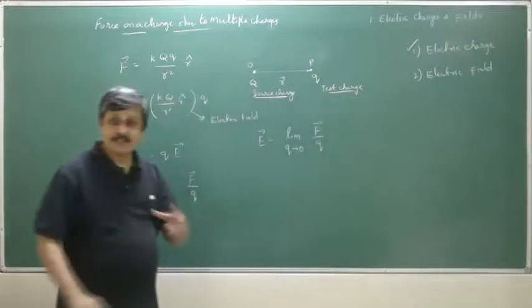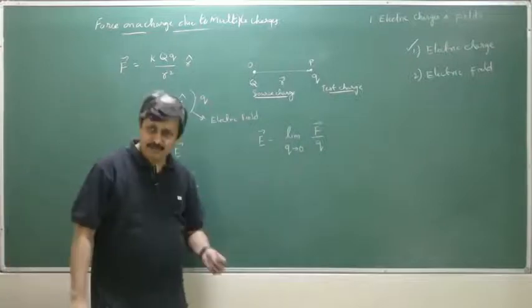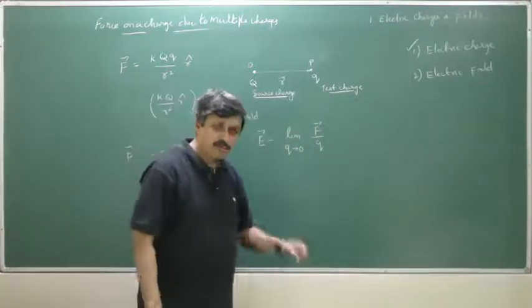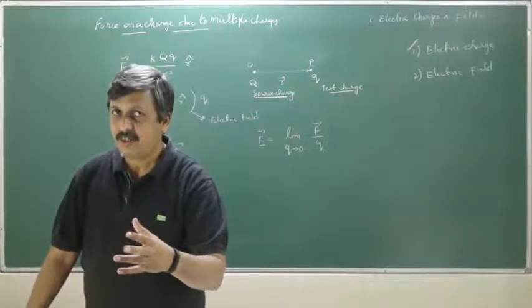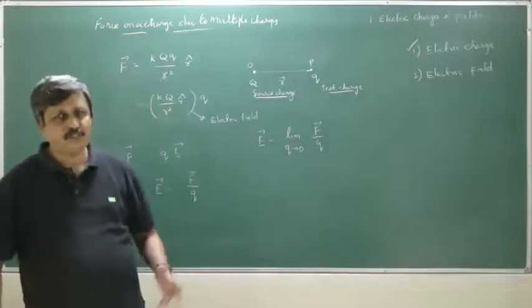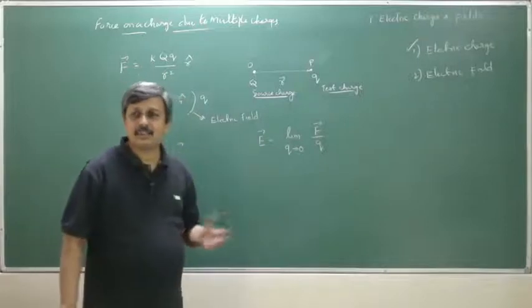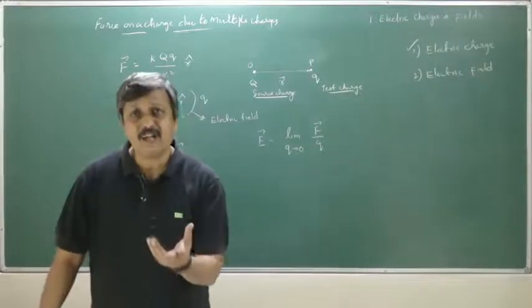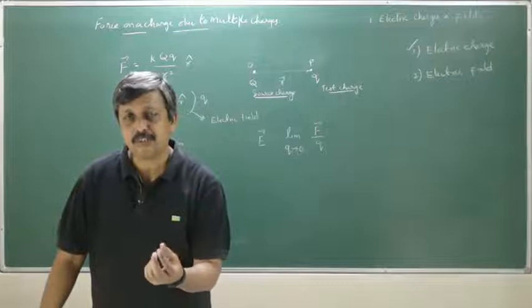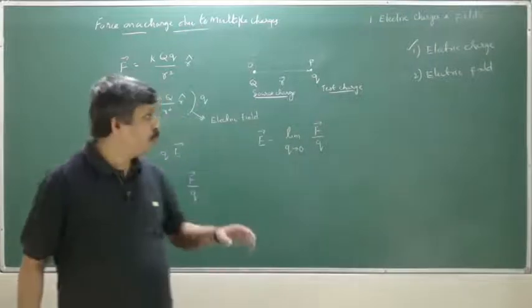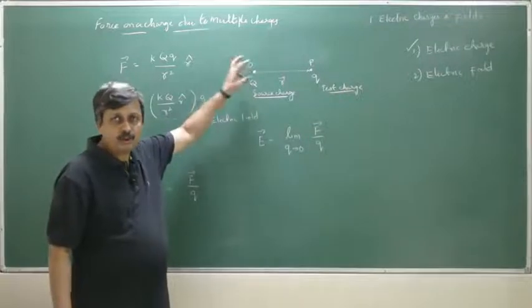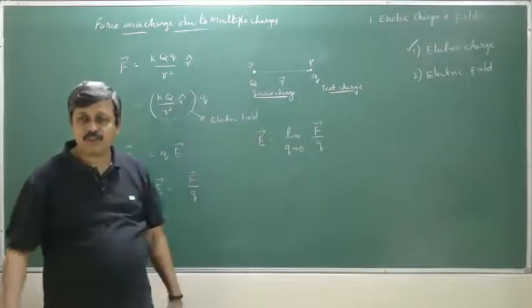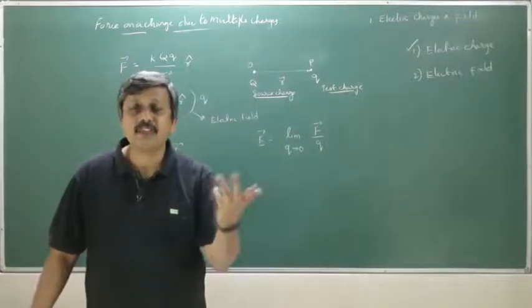The force you get is very small, but q also is very small. When you divide, you get the actual value of E, which is not disturbed. It is one way of picturing the testing aspect. Though it may sound strange, the other simple way is to hold the charge capital Q there itself, in your hand, with some other external force, so it does not move. Even then you can measure.